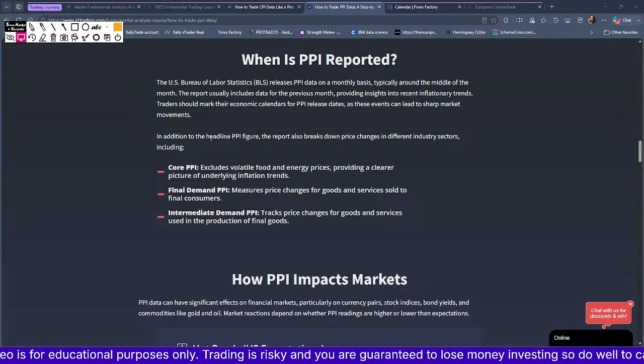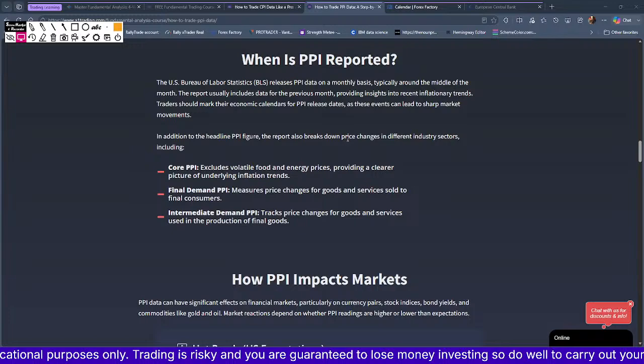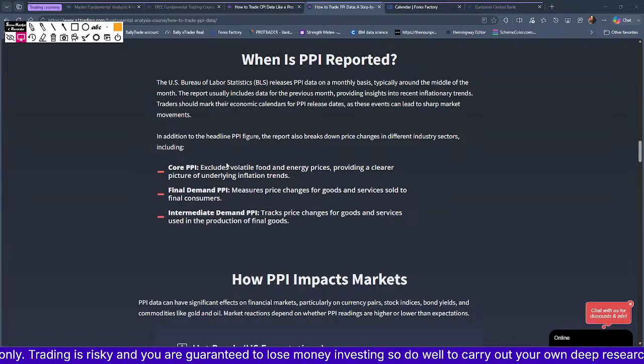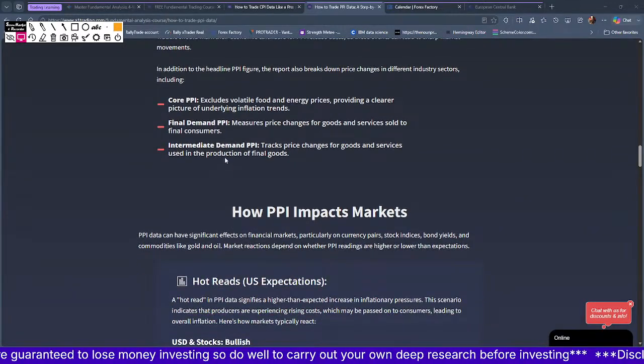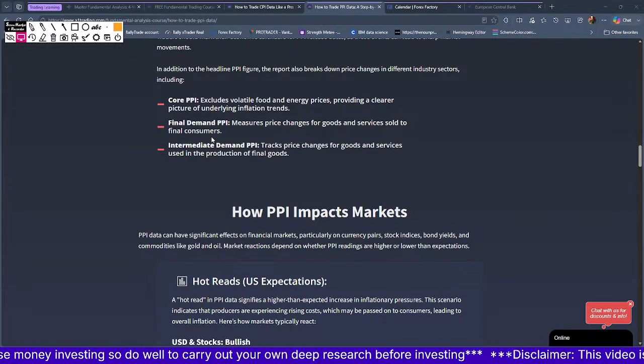In addition to the headline PPI figure, the report also breaks down price changes in different industrial sectors. Now, core PPI excludes food and energy prices, just like core CPI excludes food and energy, providing you a clear picture of the underlying inflation trend. But this one will also have something called final demand PPI, which measures price changes for goods and services sold to final consumers.